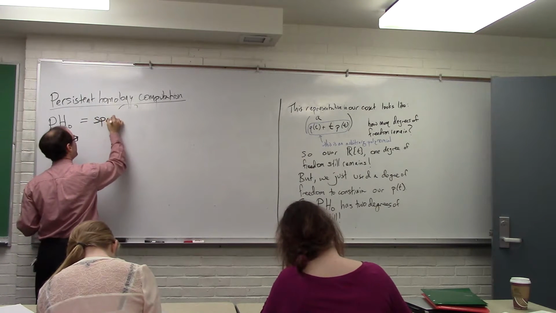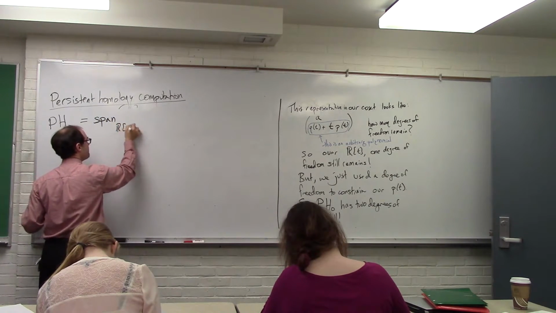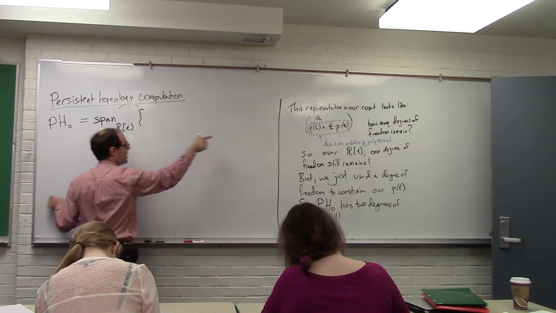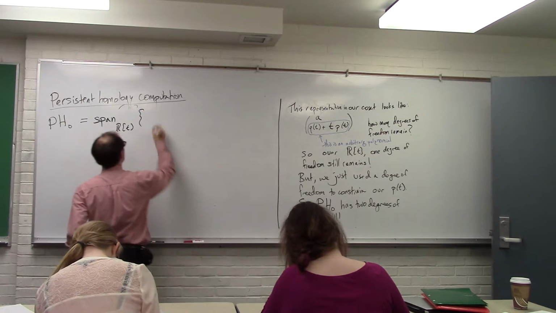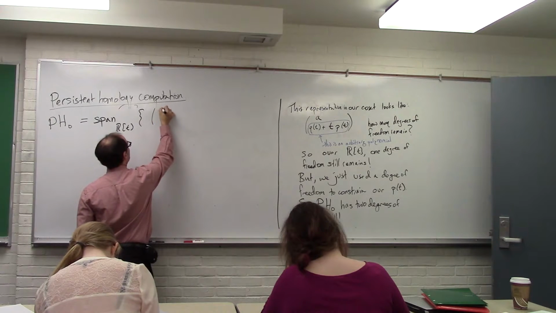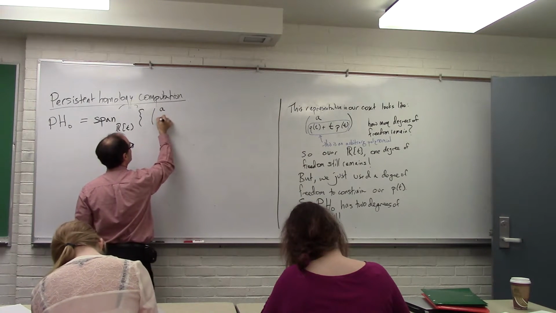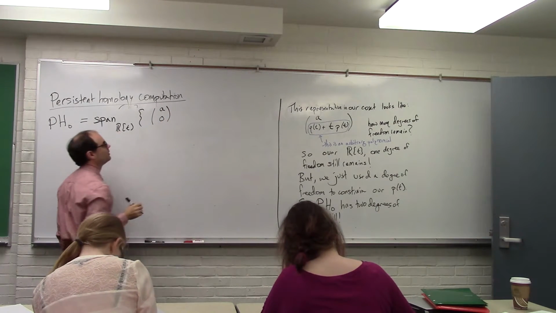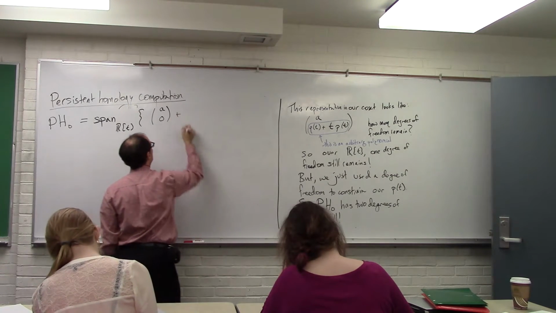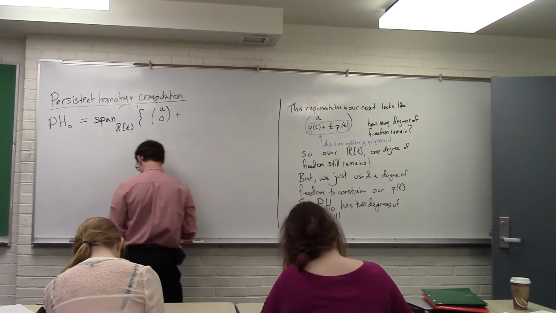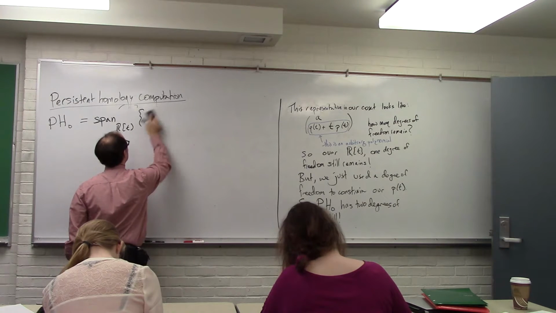H0 is the span over R of t of that sort of thing, A0. Oh, wait, why am I saying span? I'm not supposed to be saying span.